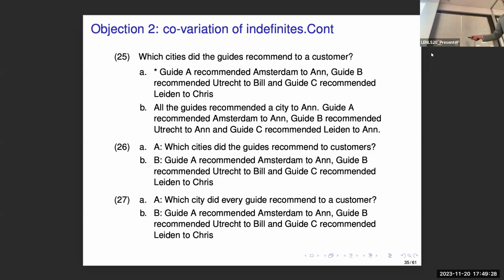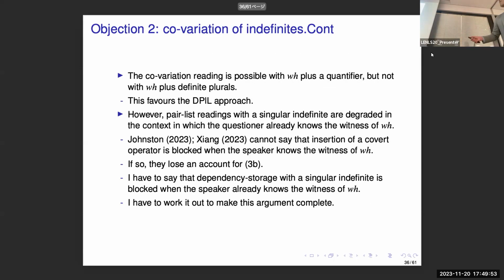And this reading is fine with plural customers, or if you say every guide recommends to a customer. So this is, again, not expected for Shan because she has to quantify over the singular indefinite. And the same thing applies to Johnston because he puts in this operator.